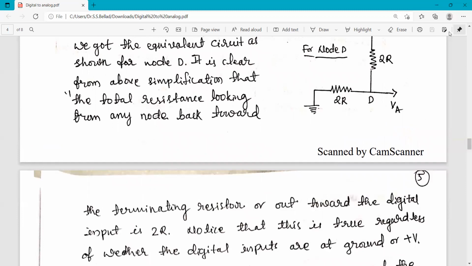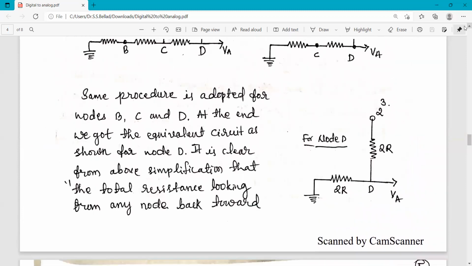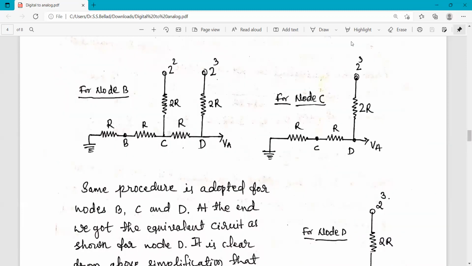For any node, I will explain this point for the node D. When you are looking back towards the terminating end, the total resistance is 2R, and when you are looking out towards this input end of 2 raised to 3, it is also 2R. So this is true for all the nodes.